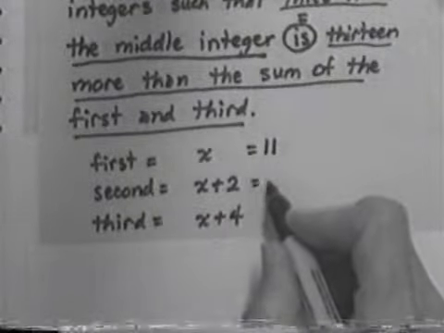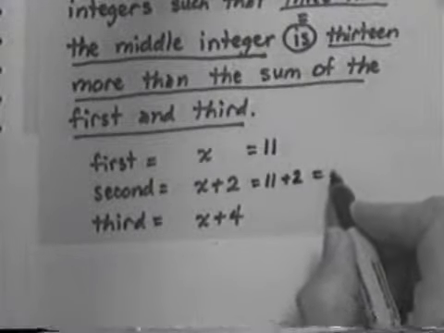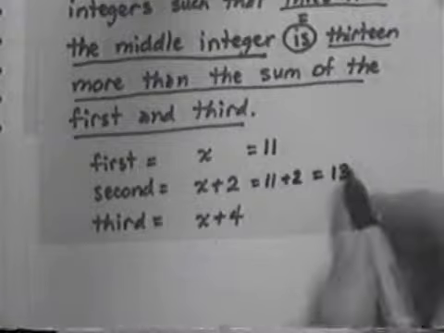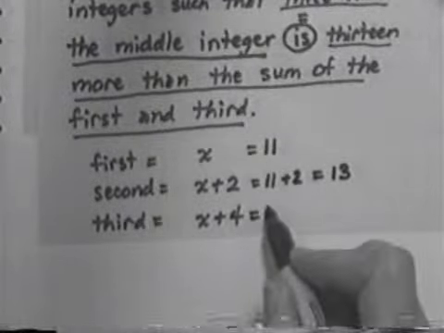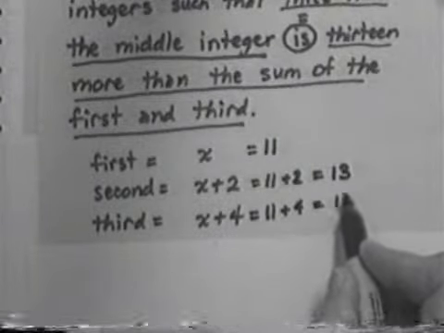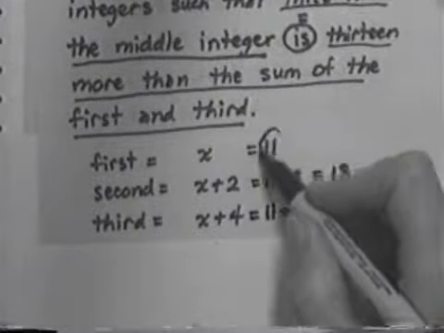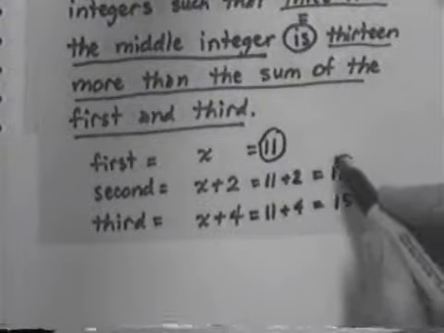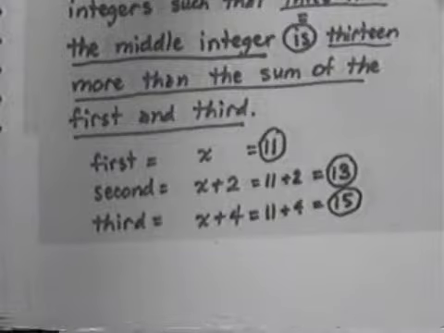Since x is 11, this gives us 11 plus 2, and 11 plus 2 is 13. The third integer is x plus 4. Since x is 11, we have 11 plus 4, which is 15. That means that we have as our first integer 11, as our second integer 13, and as our third integer 15.